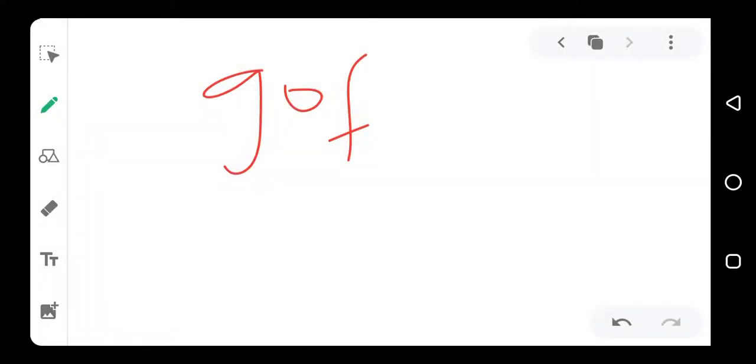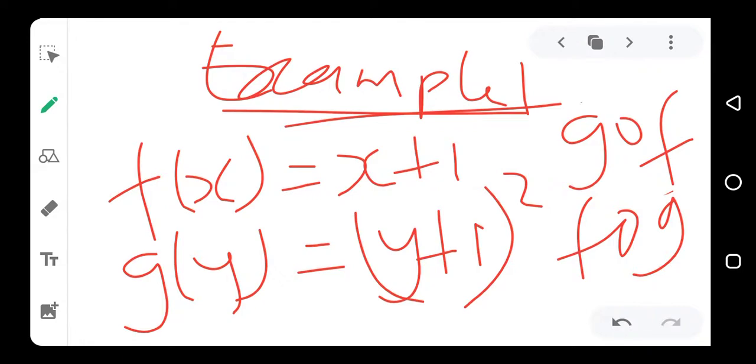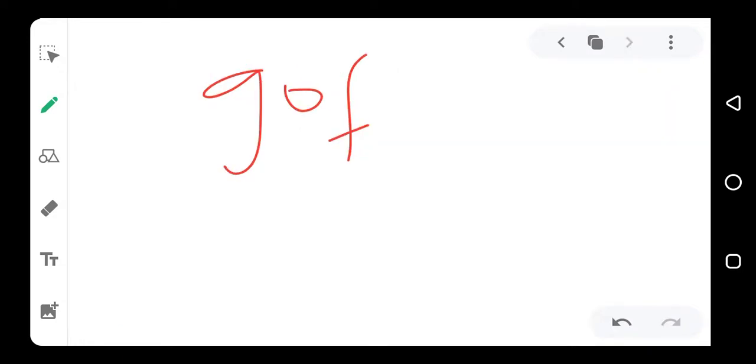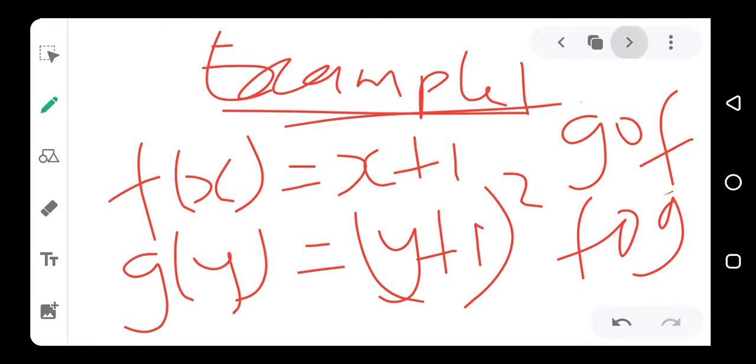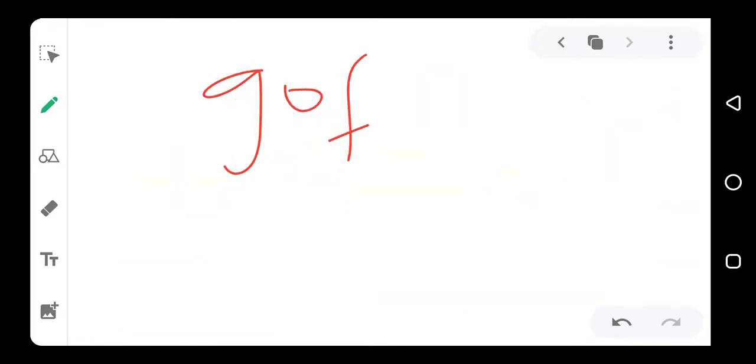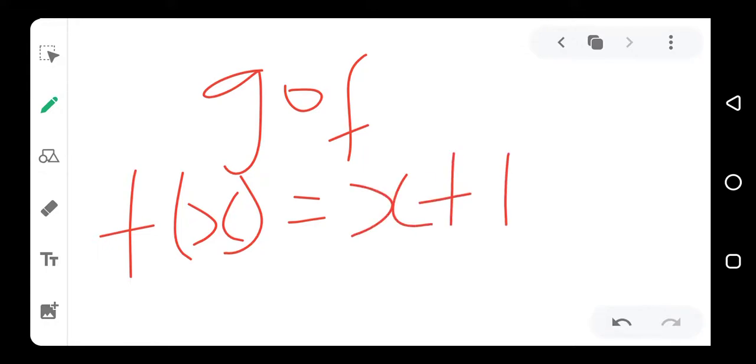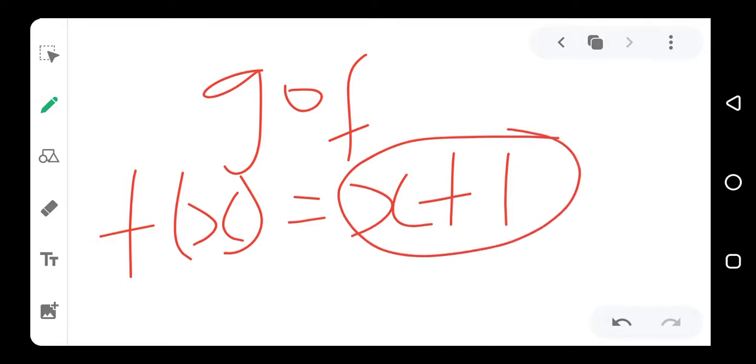Now g of f means that we should find the function of f in respect to g. So what is our f? We start with f. That is f of x, and f of x is equal to x plus 1. So we use this x plus 1 to put in the place of f in this g of f.